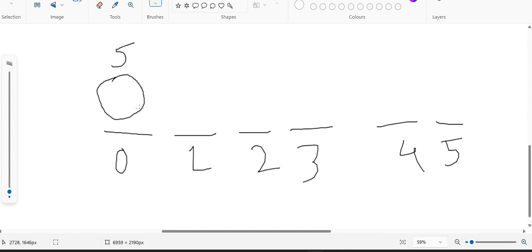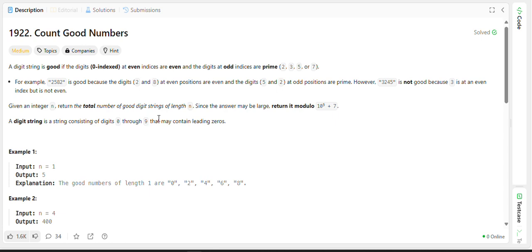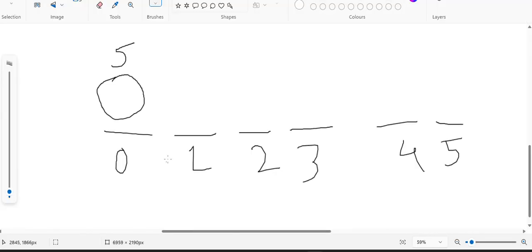But hold on, am I making some mistake? Because at the first position, if we place 0, then it is senseless, right? But no, hold on, because it is given in the question that the string consists of digits 0 to 9 and it may contain leading zeros, so we don't have to think so much about the first position. You can place a 0, so there are 5 possibilities.